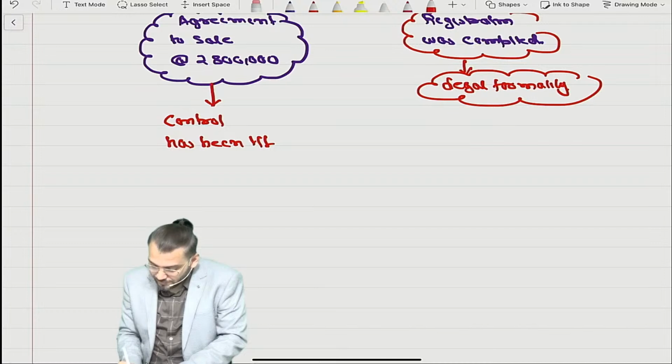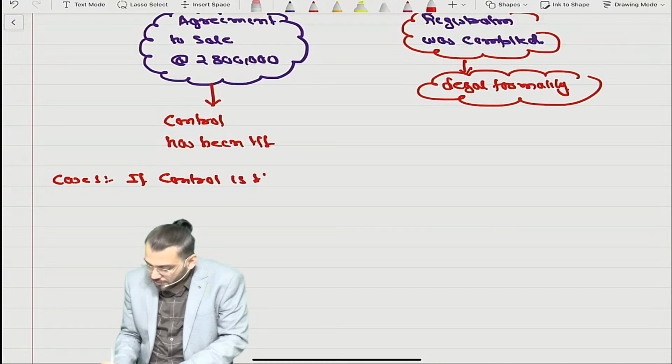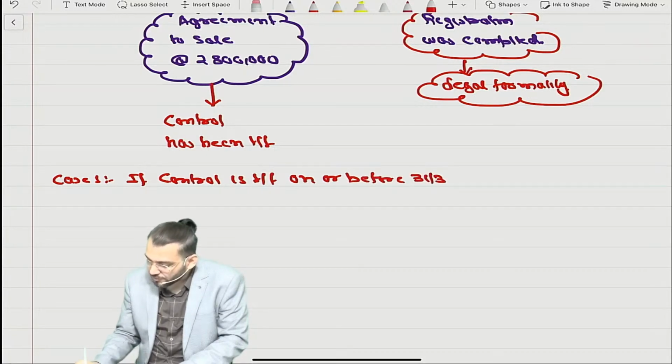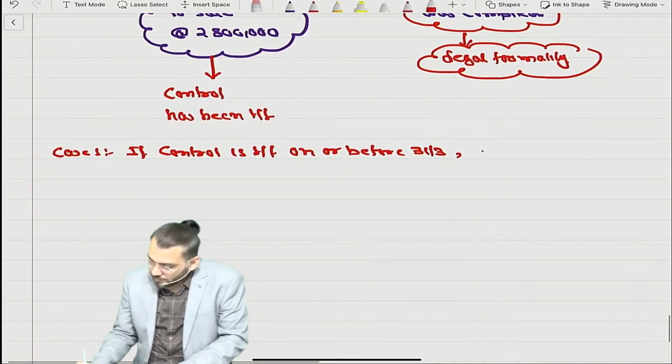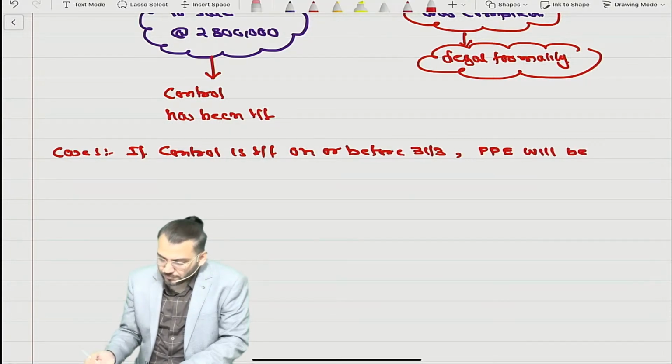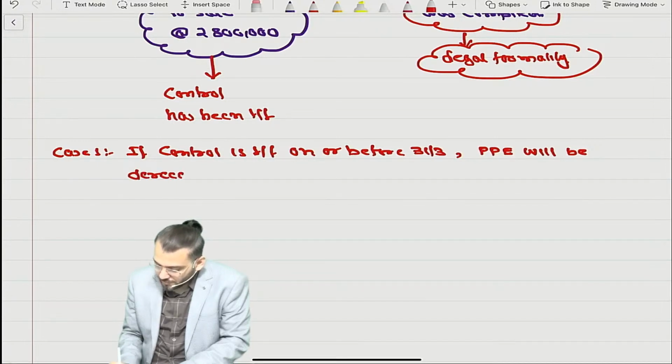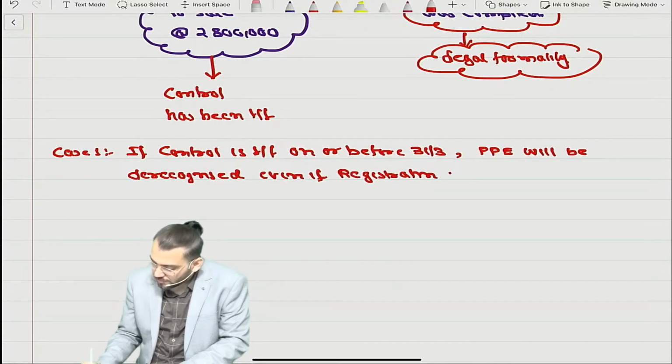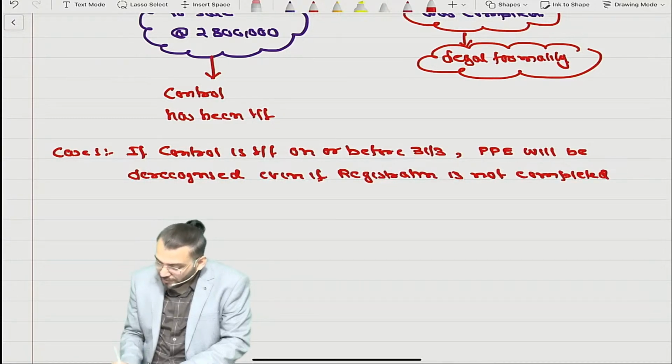Just try to understand what I want to say. Case 1: if control is transferred on or before 31st March, property, plant and equipment will be de-recognized even if registration is not completed before the date of approval of financial statement.